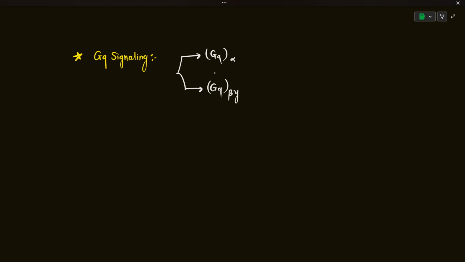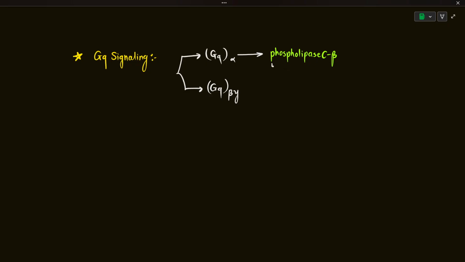So this alpha subunit is crucial for downstream signaling because it is going to activate an enzyme known as phospholipase C beta. From the name of the enzyme, it is quite evident that it is a lipase, meaning it is going to break down a lipid molecule.